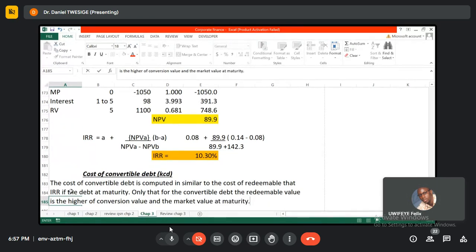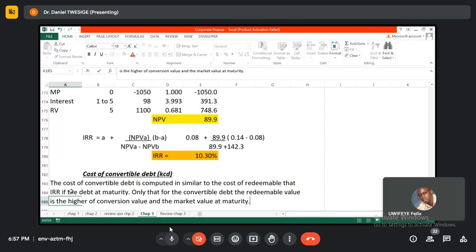So the process to compute the cost of a convertible debt is similar to that of a redeemable debt, except one item: when you are looking at the redeemable value, you take the higher of the conversion value of the debt and the market value, because for conversion, the investor has an option to convert.